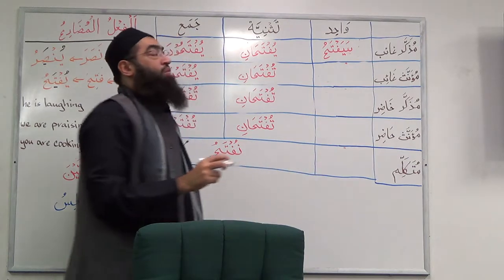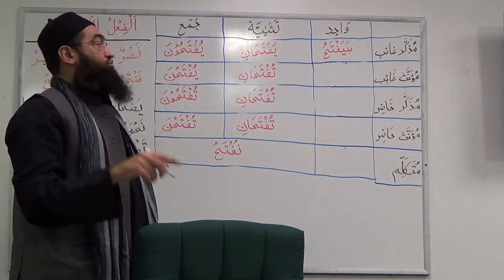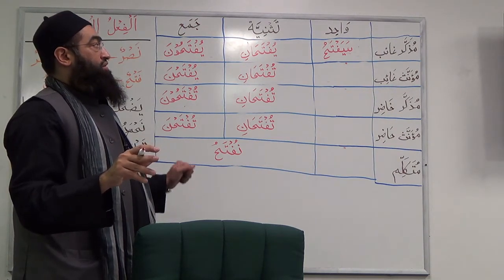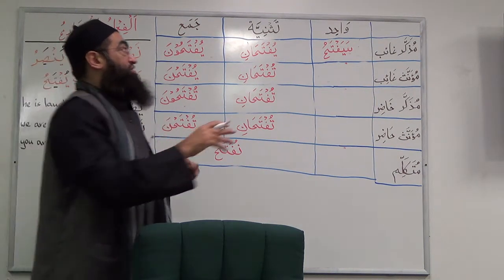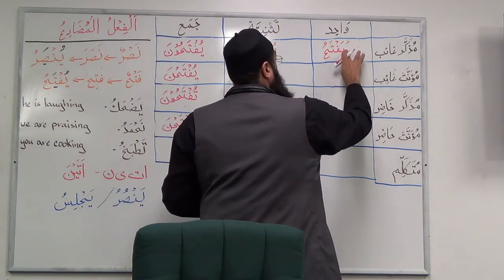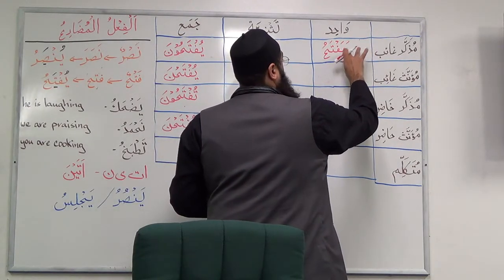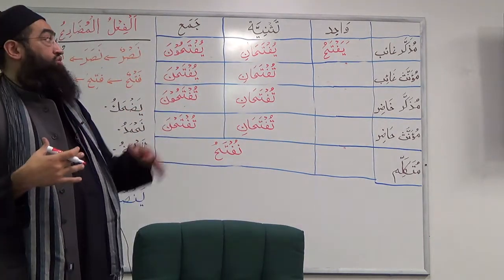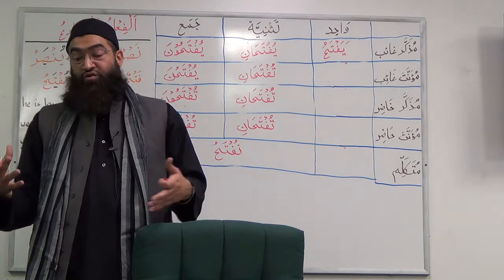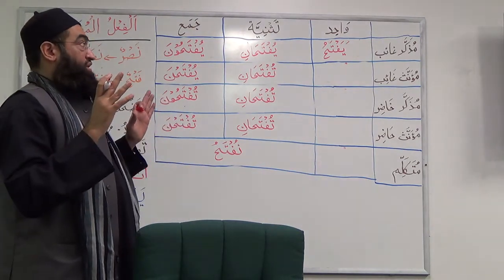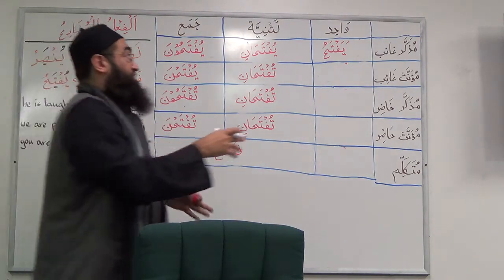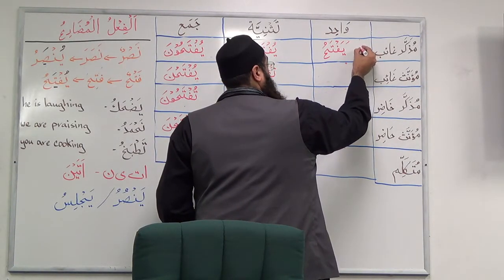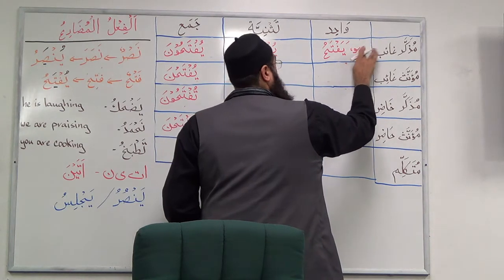Sayaftahu means that one man is going to open. And then if you put sawfa, one is distant future and one is near future. With the sin, it becomes near future, so he's going to open soon. And if it was sawfa, sawfa yaftahu, it's distant. He's going to open. Alright? Make it smaller.